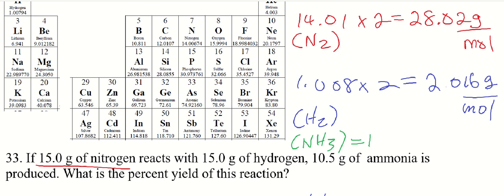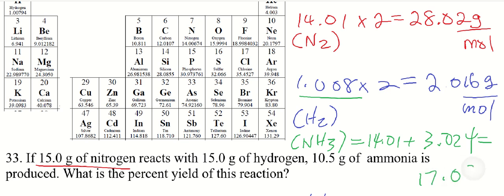So that's going to be 14.01 plus 3.024, I just multiply that by 3. So that gives us 17.03 grams per mole for the molar mass of ammonia.